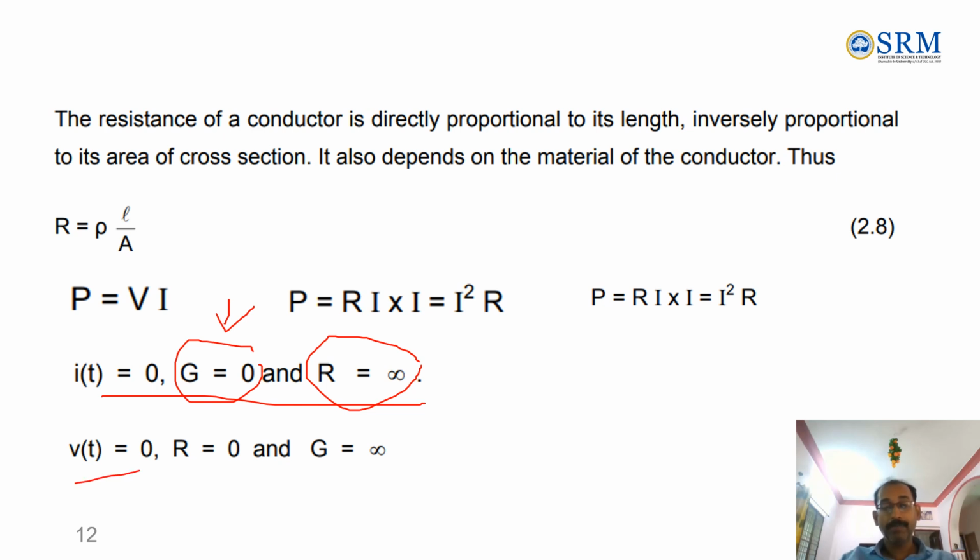In the same way, when the voltage is 0, it means that the resistance is 0, right? And G is equal to infinite. So this is open, this is short. When voltage is 0, this is a short circuit. In a short circuit, R is equal to 0, resistance is 0, so conductance will be infinite.